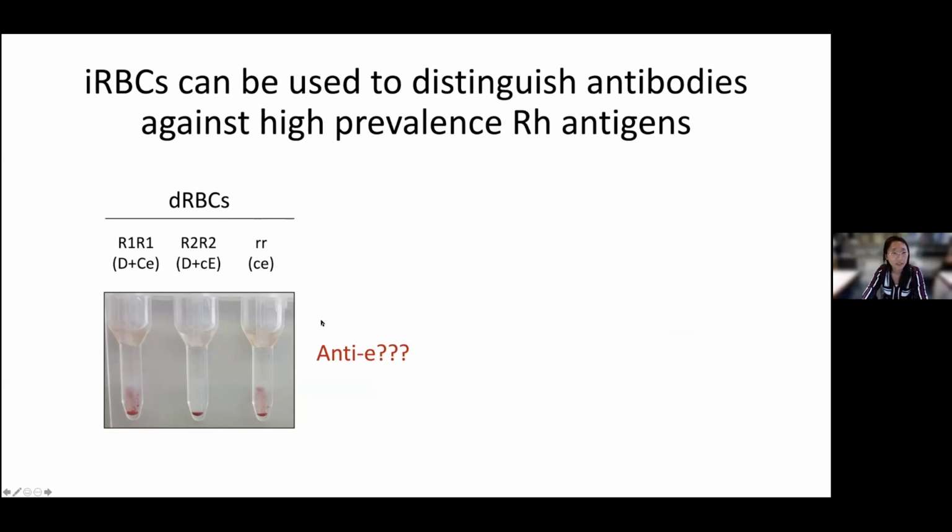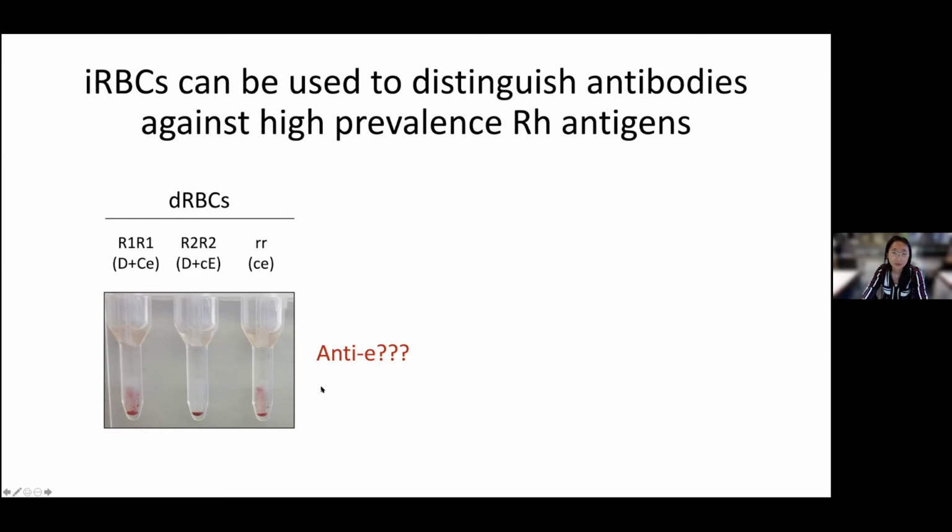In this example, if you incubated this patient plasma with these 3 screening cells, which are always the same, the first being a D positive, big C, little e, homozygous donor cell, the second being a D positive, little c, big E, homozygous donor cell, and a third that's D negative, little c, little e, homozygous, you basically look for the common denominator in the agglutinated cells, and you would think that it looks like an anti-little e.